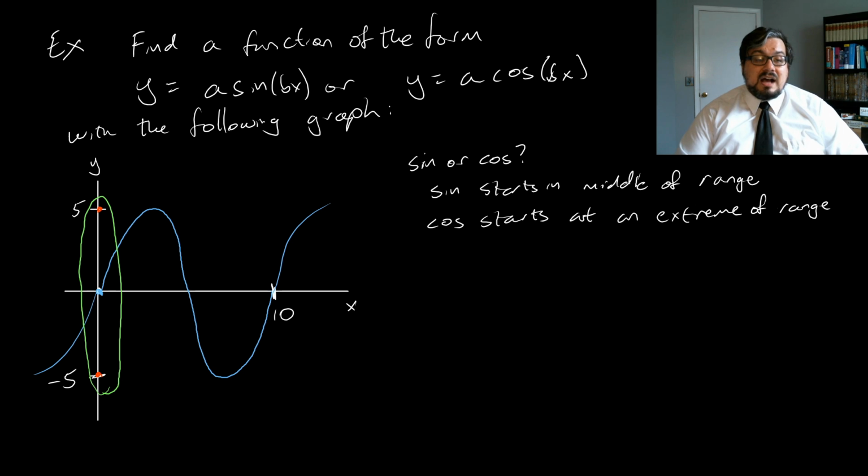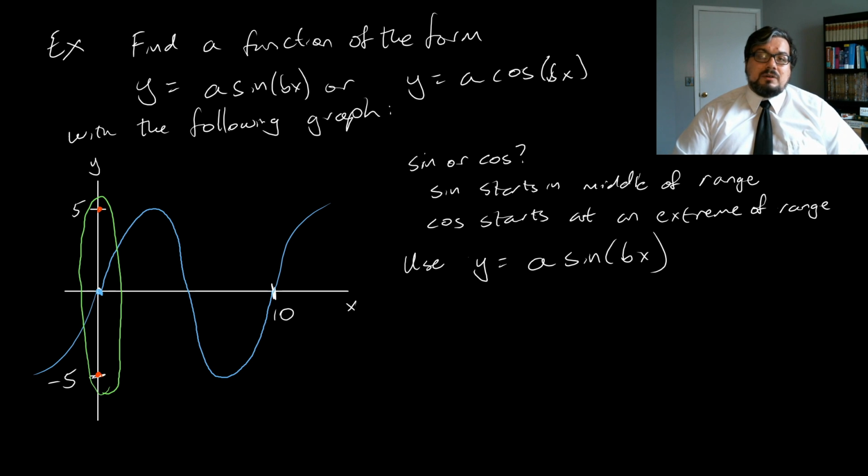And whether it started at the top or bottom would determine whether your a value was positive or negative, but we'll get to that in a second. This problem has the graph starting in the middle of the range, and therefore we're going to use sine. So in our example, we're going to use that y is equal to a sine bx. So now we want to figure out what a and b are.